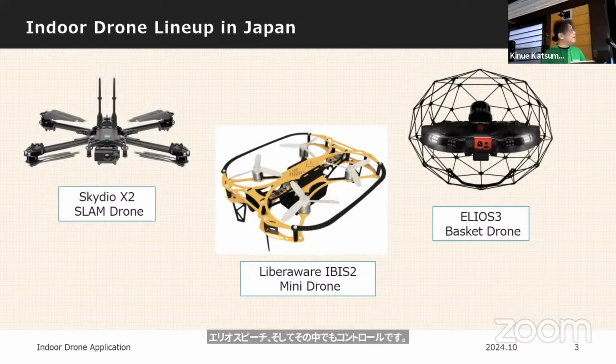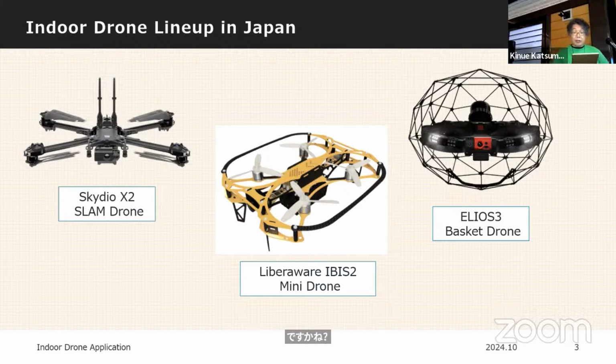The third is Liberaware's IBIS. Liberaware is a Japanese drone manufacturer that is known for its very small drone that can fit into tight spaces. Unfortunately, these three are not available for the pilot.